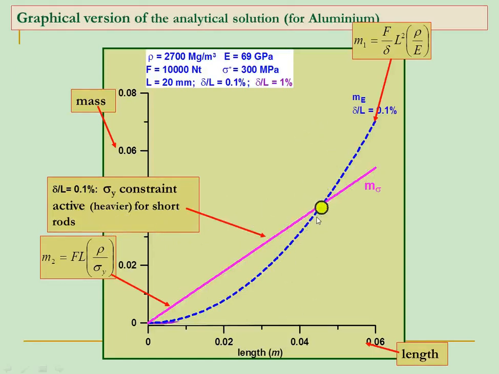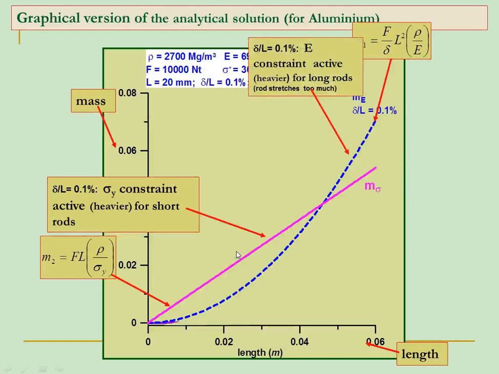When the length is less than a particular intersection value here, the pink line, which represents constraint number 2 for strength, is active. Whereas after you cross over a particular value of L, when you go to, let's say, a long rod, the first constraint becomes active.